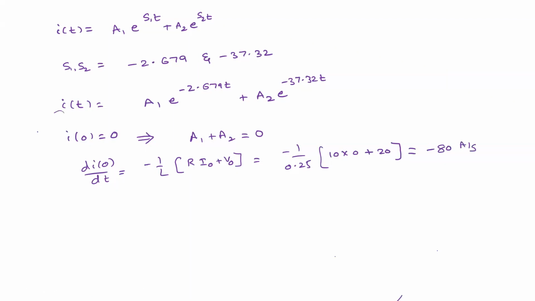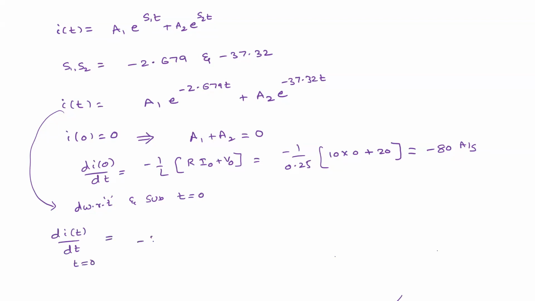The thing is that we differentiate this one with respect to t and substitute t equal to 0. Understood? That means dI of 0 by dt, in other words dI of t at t equal to 0. So if you differentiate this one, what will you get?